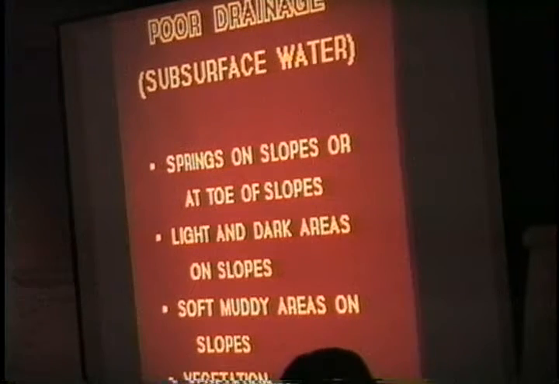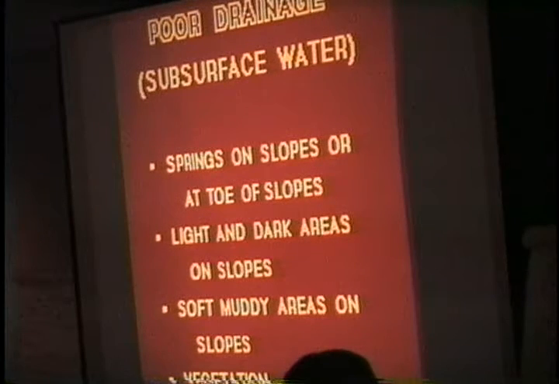If the soil is poorly drained and springs come out, it's usually flowing through what? A crack, a fissure in the soil, a joint in materials, but water will flow.